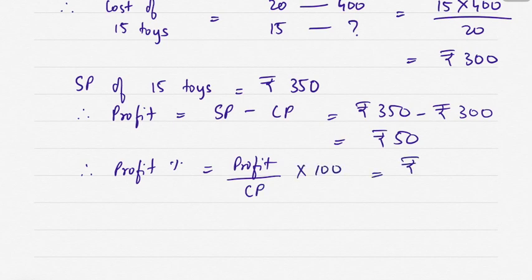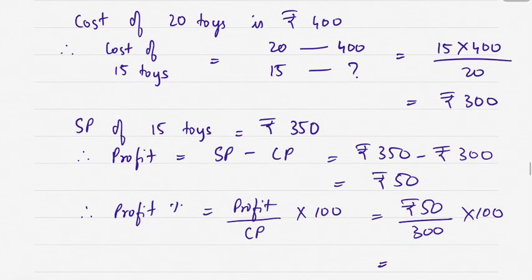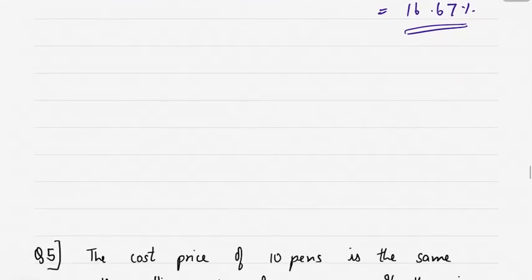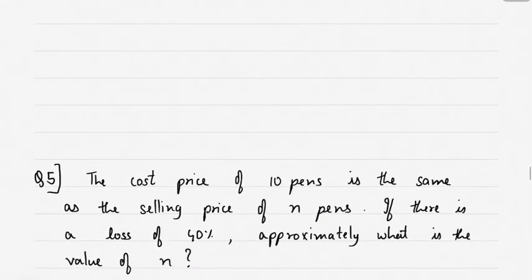So profit is rupees 50 divided by cost price, which is 300 into 100, which comes to 16.67%.